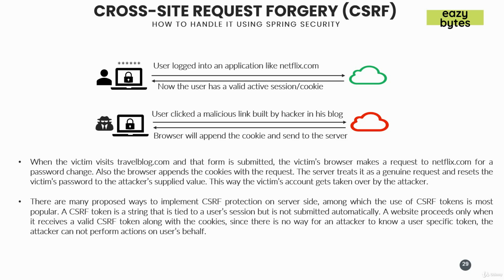And netflix.com treats it as a genuine request because the token stored inside the cookie was given by Netflix itself during the first login. That's why even Netflix cannot identify whether the request is really coming from a valid user or from an attacker. You may say this may not be possible if the user does not click on the malicious link.